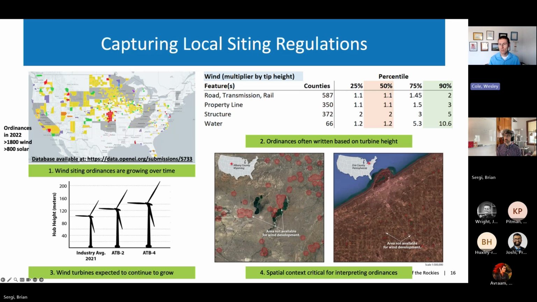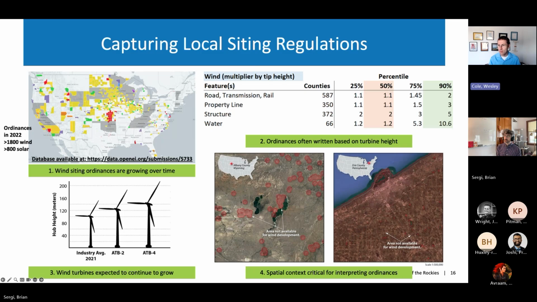You'll see if you have a 1.1 tip height multiplier and your turbine's 200 meters tall, the tip height, that's bigger than if it's 150 meters tall, the tip height. And then that translates into the spatial context for these, the bottom right figure. So the left map is showing Albany County, Wyoming, where there's not as many structures and other pieces where you'd have setbacks.